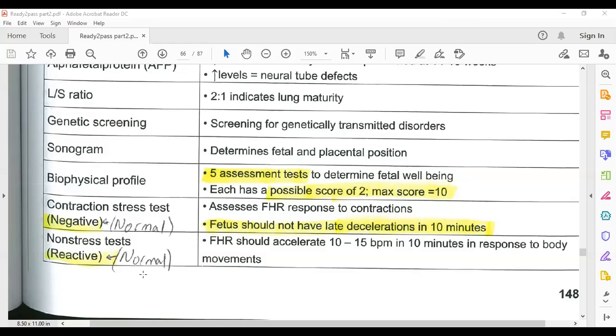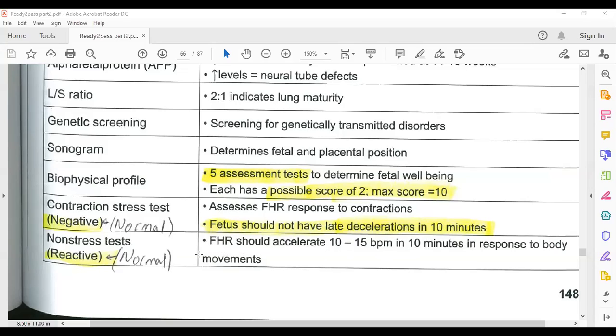This test is performed during the third trimester. Fetal heart rate should accelerate 10 to 15 beats per minute in 10 minutes in response to body movement.